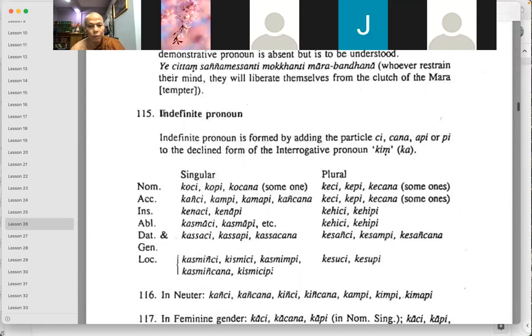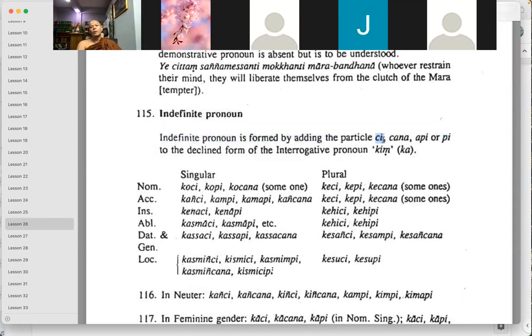So here, the indefinite pronoun is formed by adding a particle. The common word is ci, but the others are cana, api or pi. The very common word is ci.